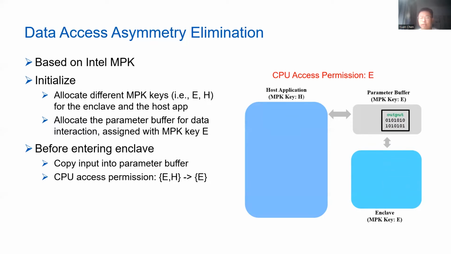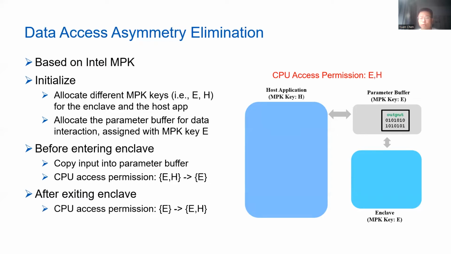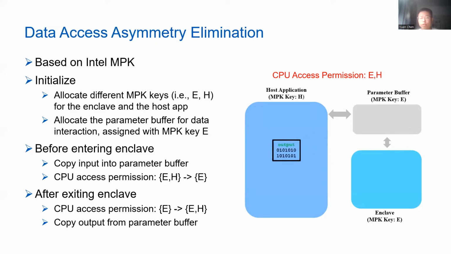And then exit the enclave. After exiting the enclave, first we would extend the CPU's access permission set to E and H, and then we would copy the output data from the parameter buffer to the host application's private memory region.